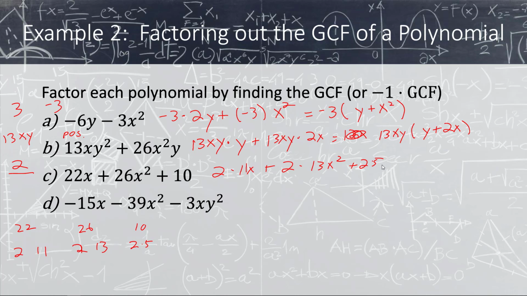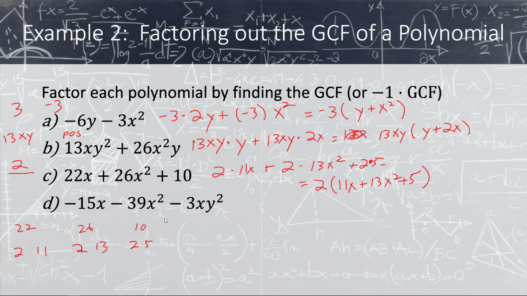We can factor out the 2, and we will have 2 times the quantity 11x plus 13x squared plus 5. And there you go, that's the answer.